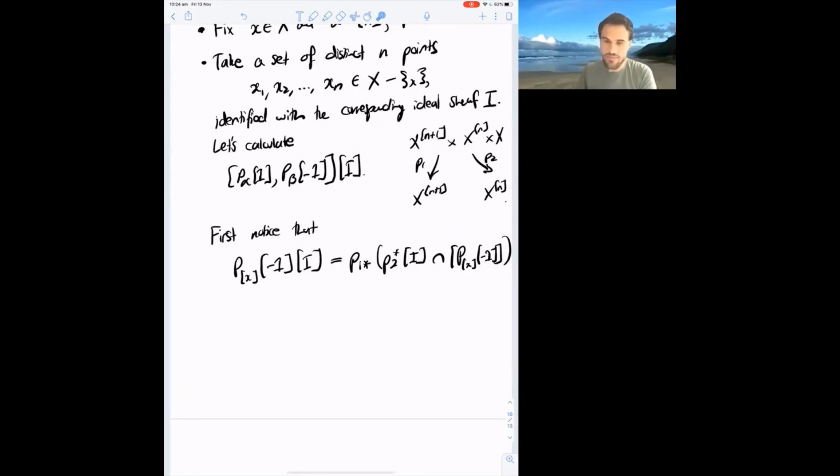If I pull back by P2 inverse of I, I'm going to be looking at I1 contained in I, and then some point y, such that the support of I mod I prime is equal to y.